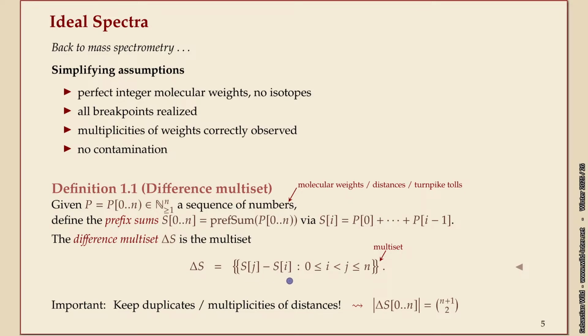So here we take the difference of 2 prefix sums. And I'm not allowing i and j to be the same. That would give me a difference of 0. But I'm allowing j to be i plus 1. And so when j is i plus 1, I get essentially one of the p_i's.